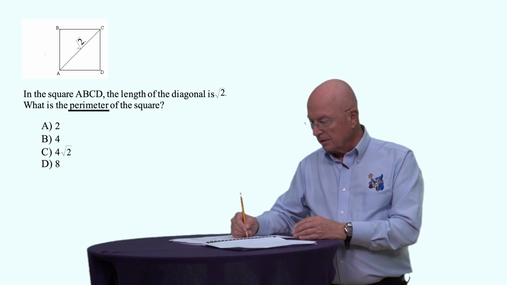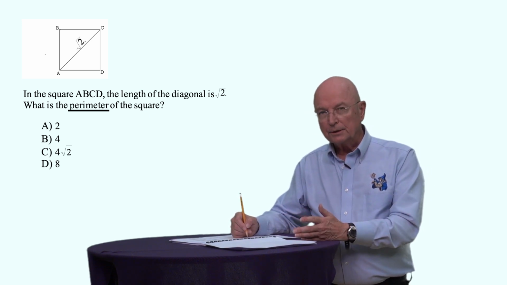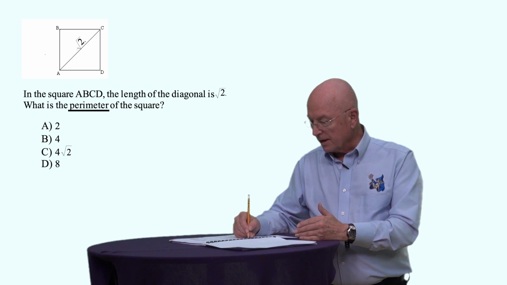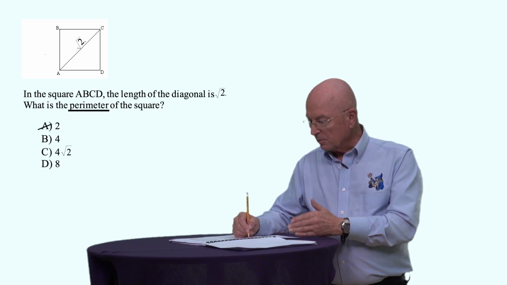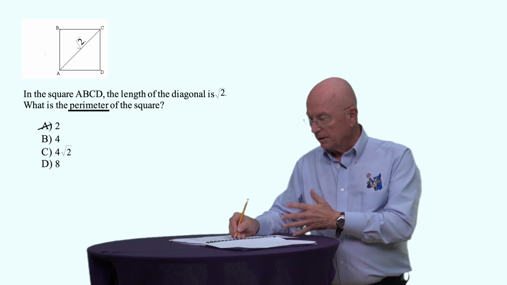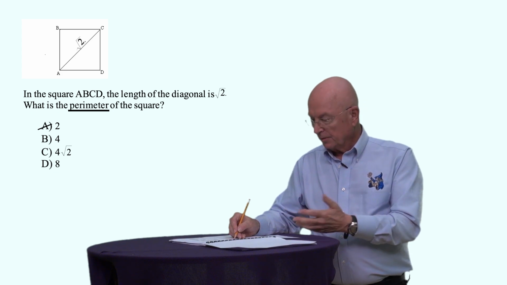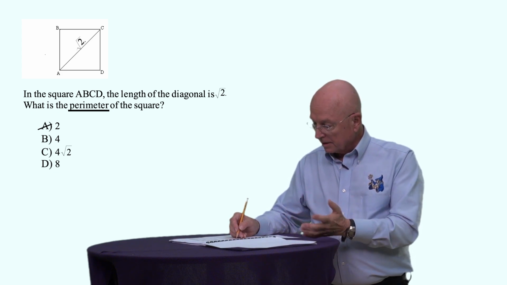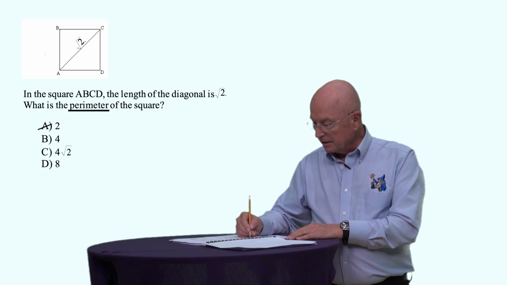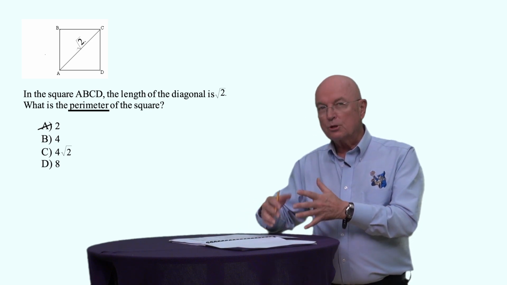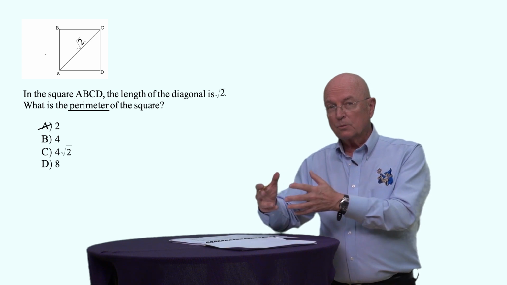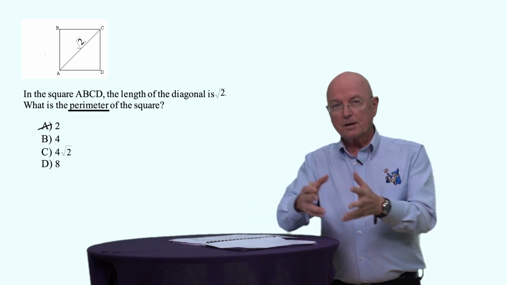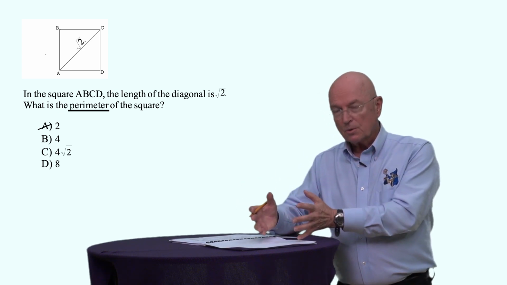Well, 2 wouldn't be large enough, would it? So we can put a scratch through A. 4 might work, because 4 times something less than the square root of 2 could be 4 times 1, so that might be it. Then we look at C. 4 times the square root of 2. Well, we know that's too big, don't we? Because we already know it's 4 times something less than the square root of 2.